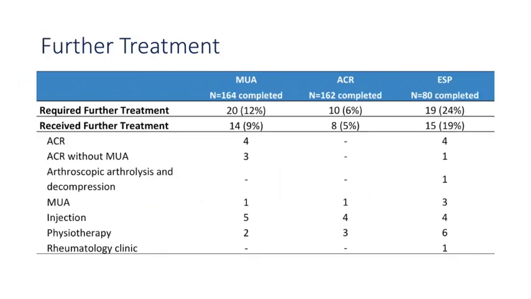Now this was an interesting analysis because ESP, the non-surgical pathway, was the cheapest of the three options and the least risky, but a higher proportion of patients who received the ESP as the primary intervention ended up needing further treatment further down the line. And that had an impact on the overall cost effectiveness analysis when we take ESP as a pathway of care or a philosophy of care compared to ACR and MUA.